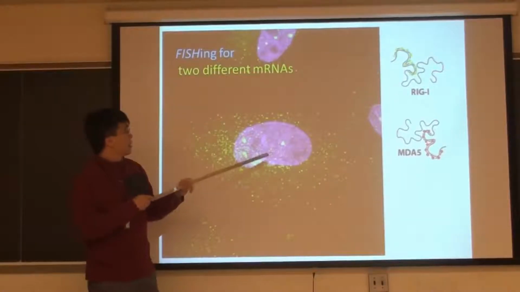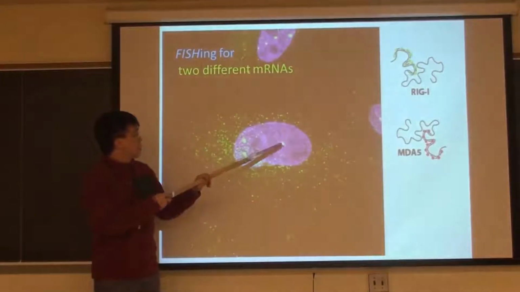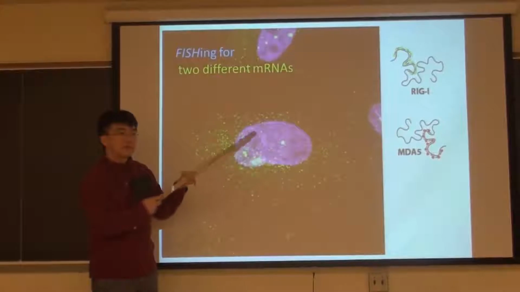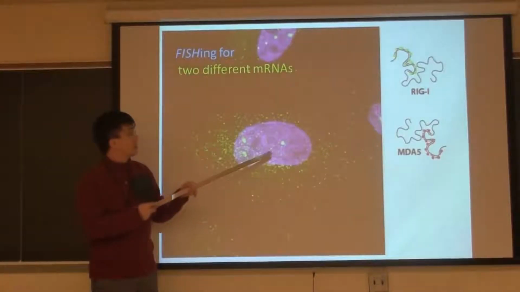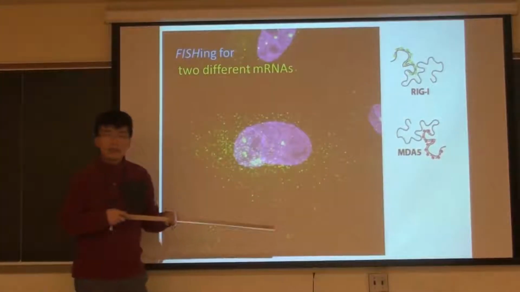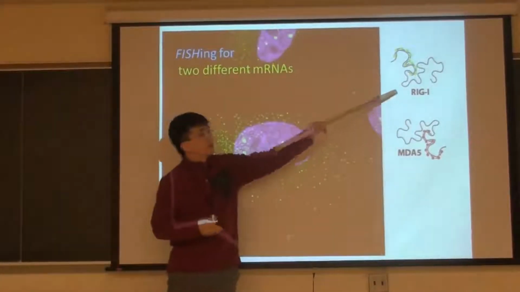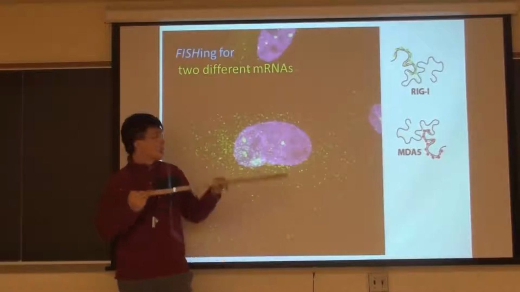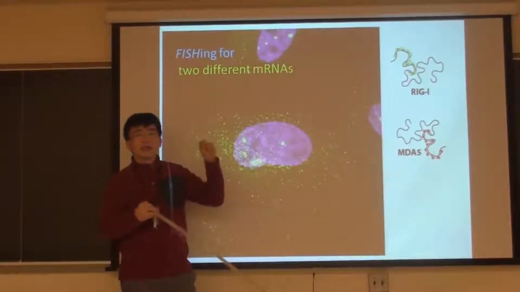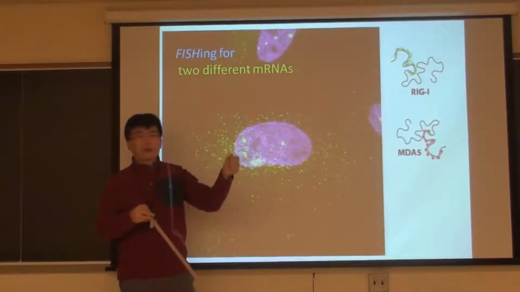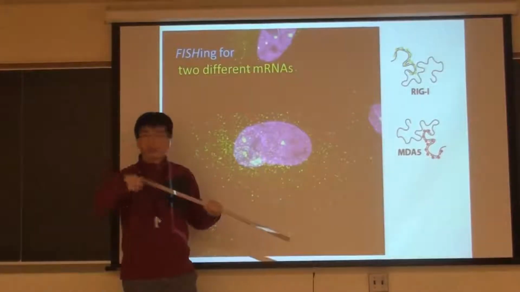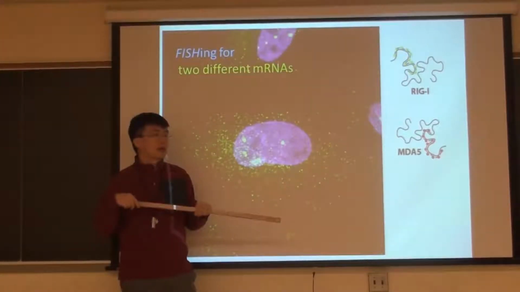In addition, you may see that there are some bright spots inside the nucleus. This is what's called the transcription site. This is where the gene for that molecule is located, DNA. And then RNA polymerase molecules are sitting there, and they're making many, many copies of the mRNA.